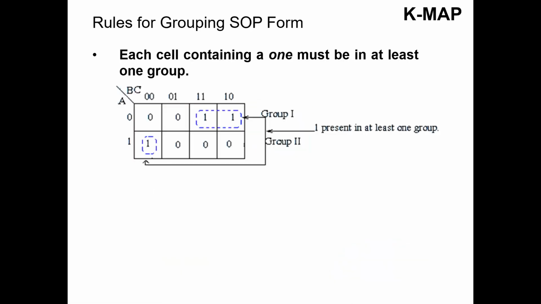Each and every one must be grouped. If any particular one cannot be grouped with the other ones, it can form its own group. Here in this case, this one cannot be clubbed with the other ones, so it can form its own group.